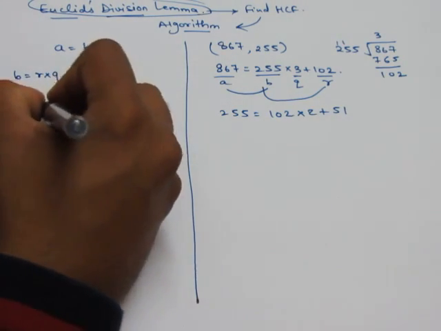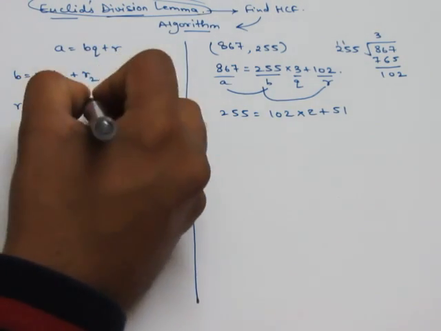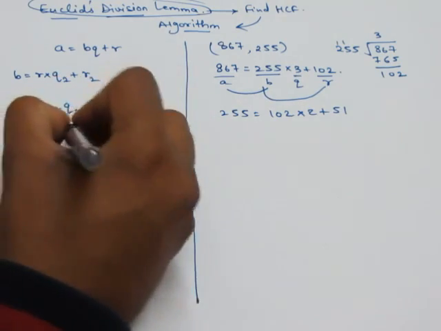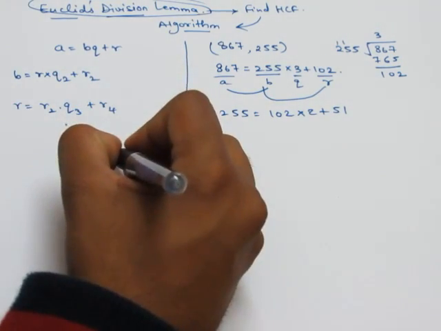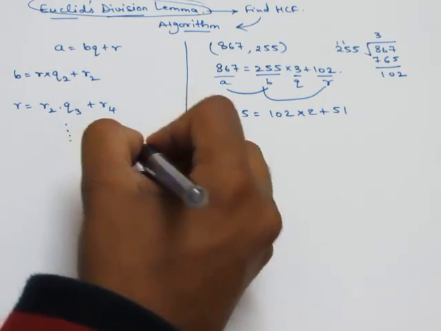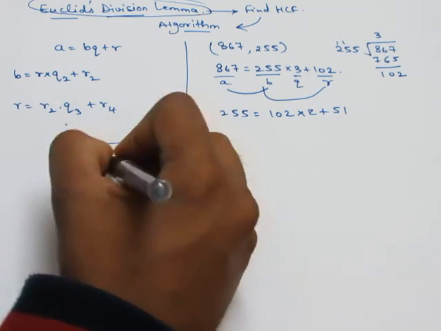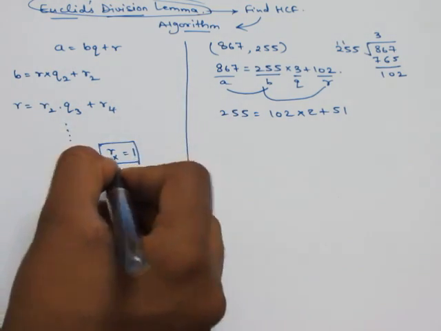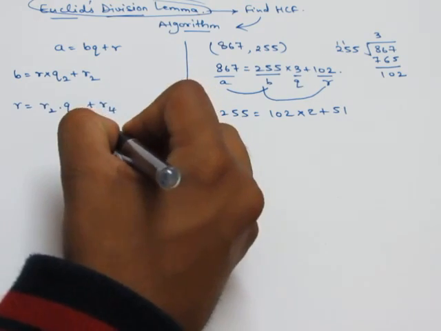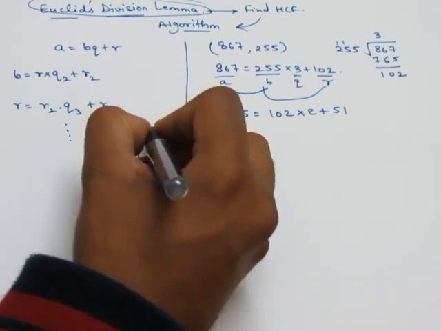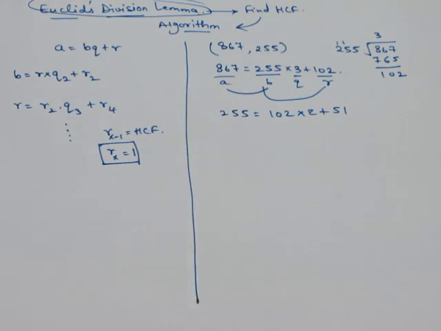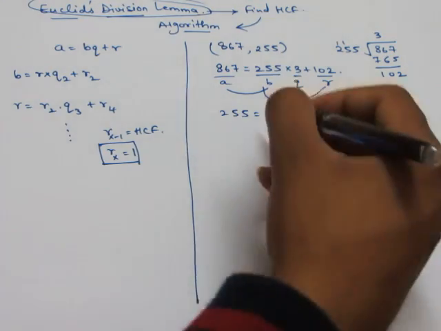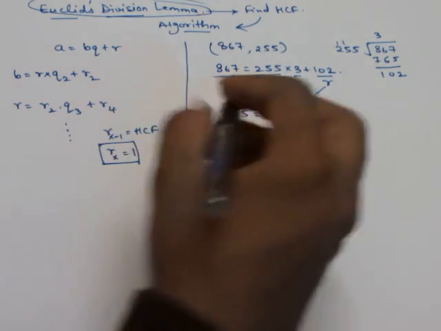Now r is equal to r2 into q3 plus r4, and this goes on till I get rx, let's say, equal to 1. And when I get rx equal to 1, the remainder above that, rx minus 1, is the HCF. We'll see this soon. When we solve this, you'll get that.